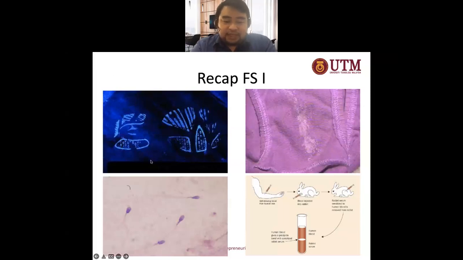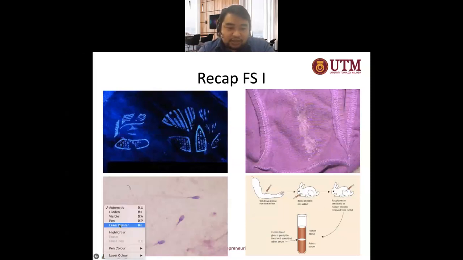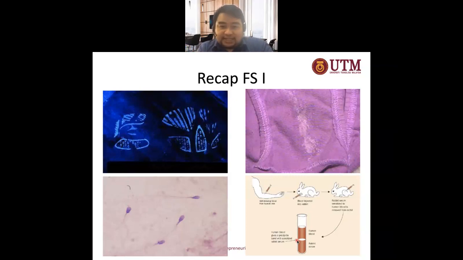Then we also looked into how to differentiate between animal blood and human blood. That is the second thing, the precipitin test. Based on this picture, let me get my laser pointer. This picture depicts how we synthesize the human serum to be used for the precipitin test.